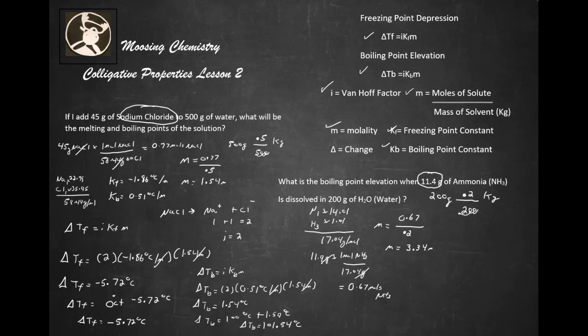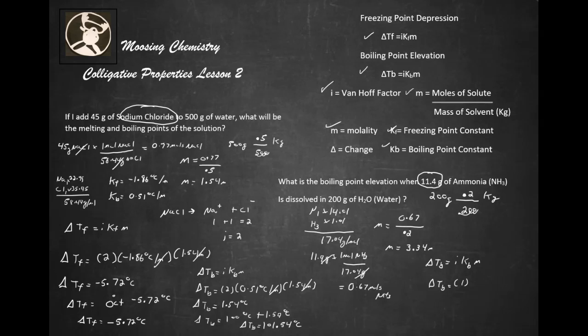Now we are prepared to do our problem. All right, so we go delta TB equals i Kb m. But you know what? Luckily for us, our van't Hoff factor is just going to be 1 because NH3 is not an ionic compound. So there are no ions.